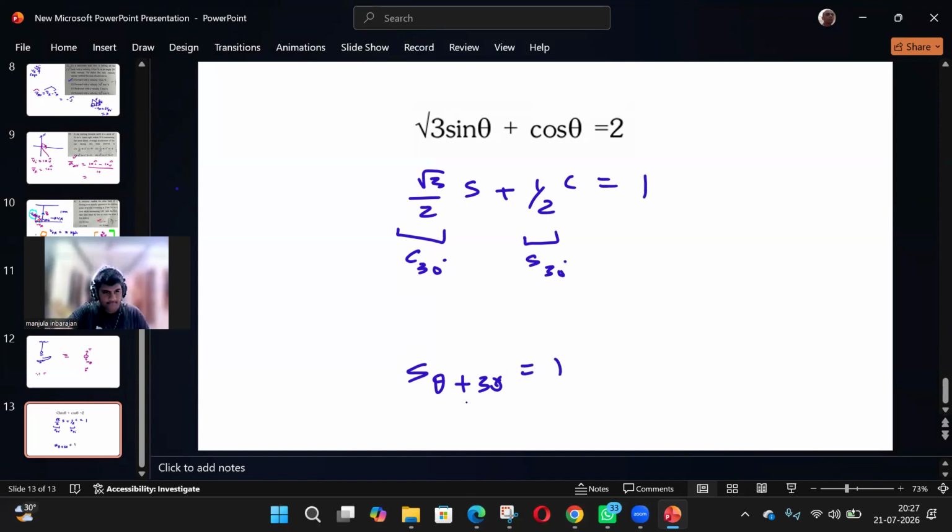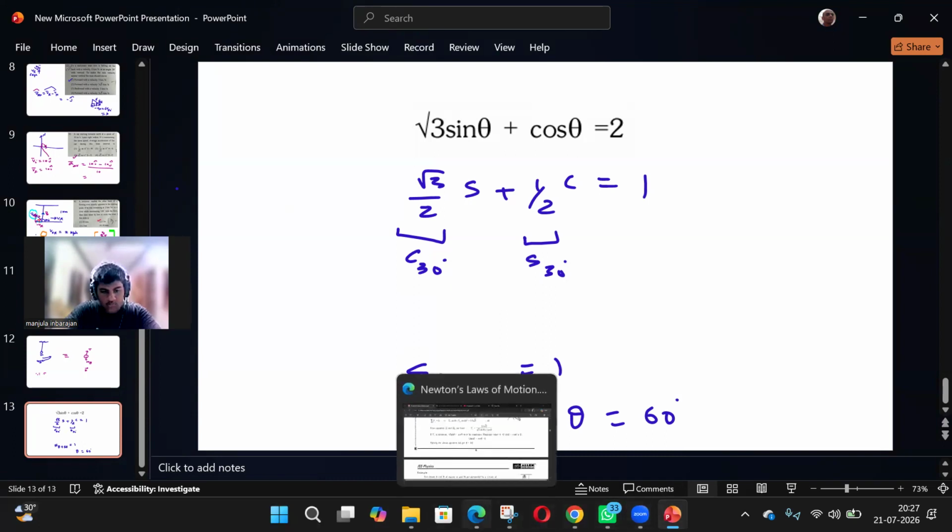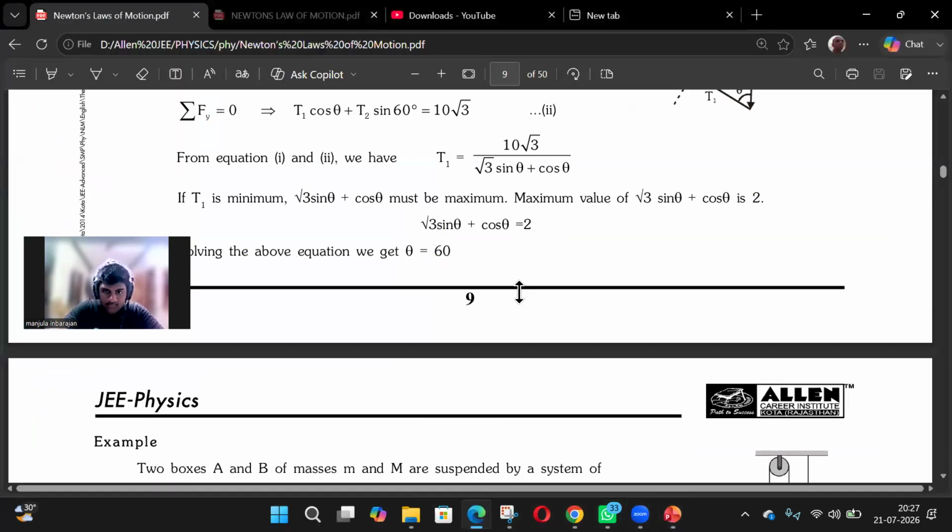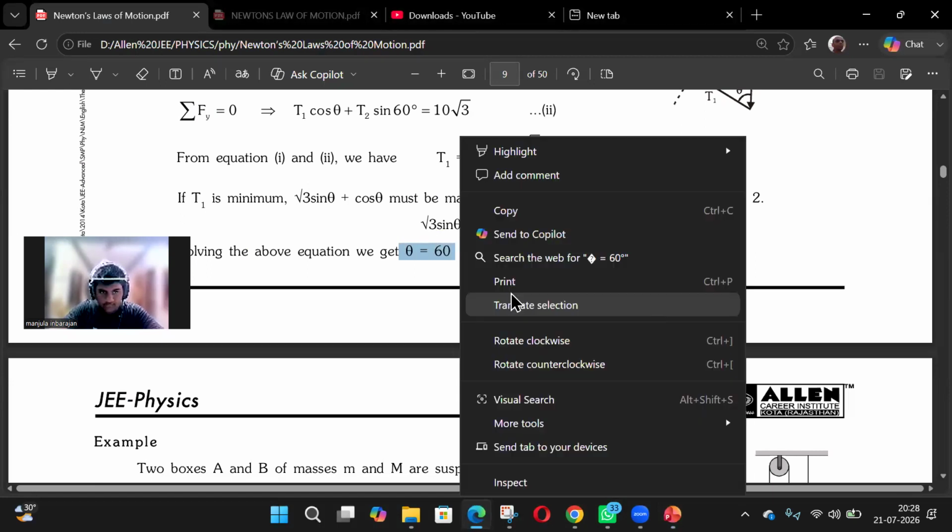The maximum value of this is 1. That will happen when theta is 60 degrees, because sine is maximum when the angle is 90 degrees. So theta is 60. This is one way of getting theta for the maximum value of this expression.